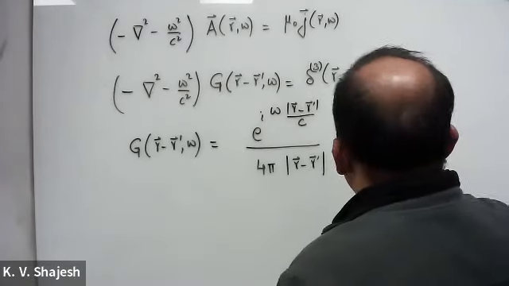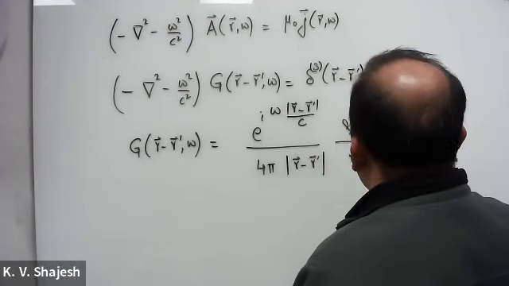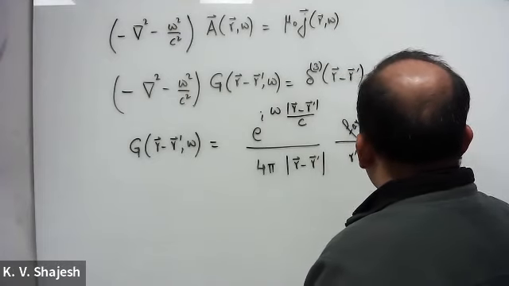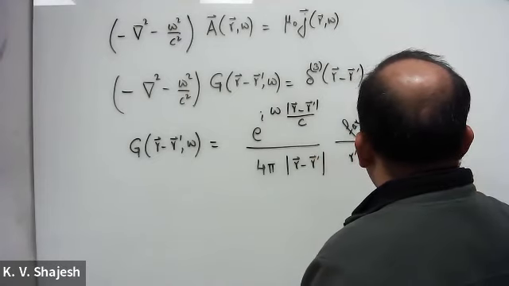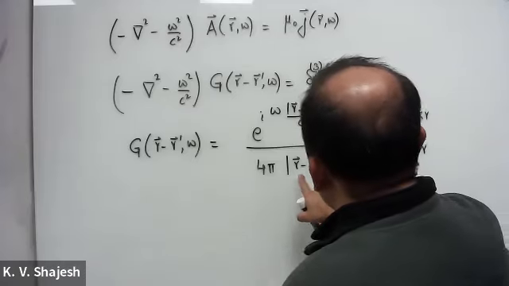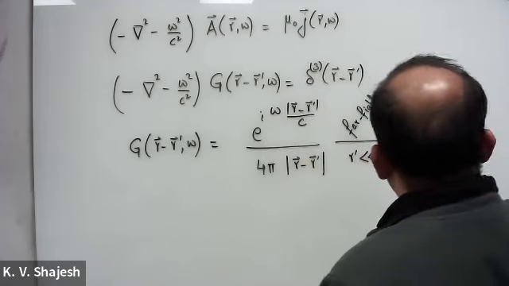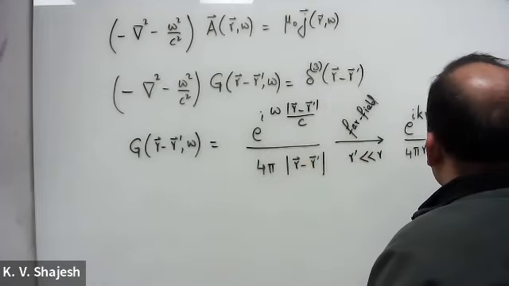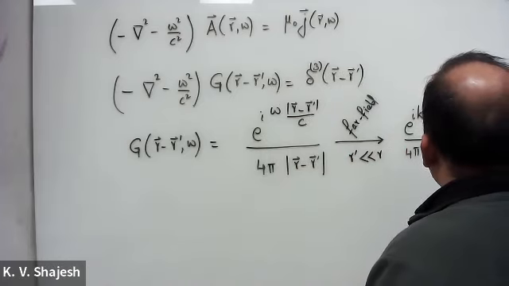In that case, this takes the form e raised to i k R over 4 pi R, where k becomes omega over c, and then the exponential of minus i k times R hat dotted with R prime.